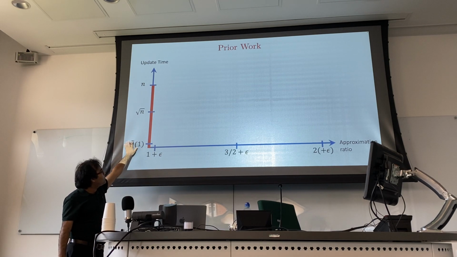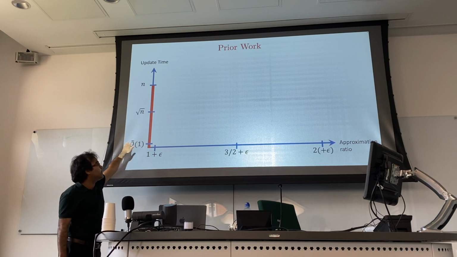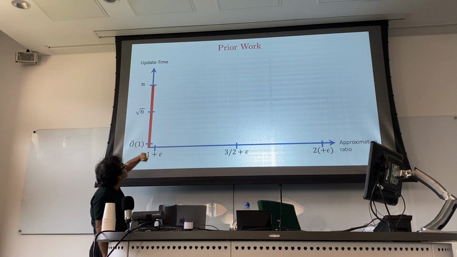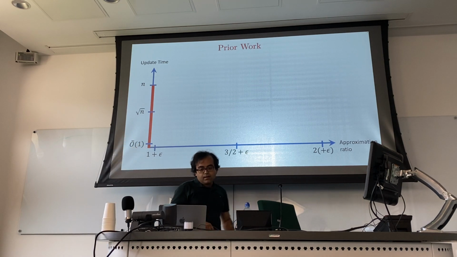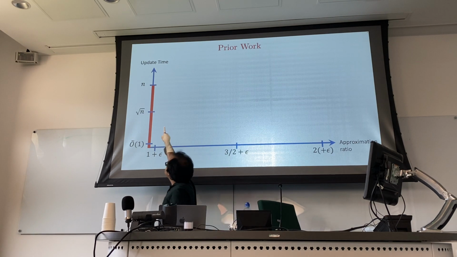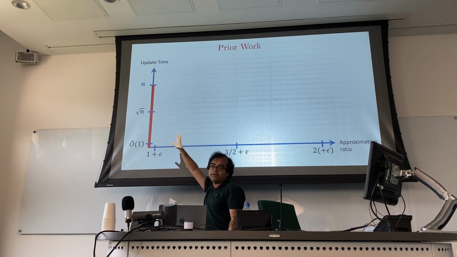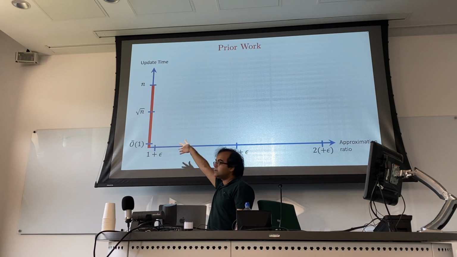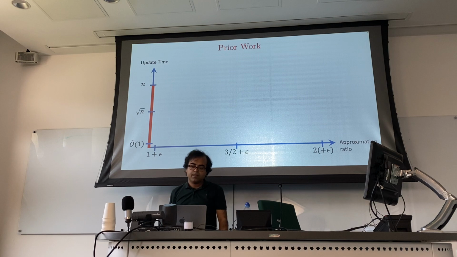This O tilde 1 just means some polylog n update time. We are happy with this. Then there is this root n and n. Now this red bar here just represents the lower bound. The lower bound actually tells us that you cannot maintain a 1 approximation or exact maximum matching in better than n update time, n being the number of nodes. So this red region is ruled out.